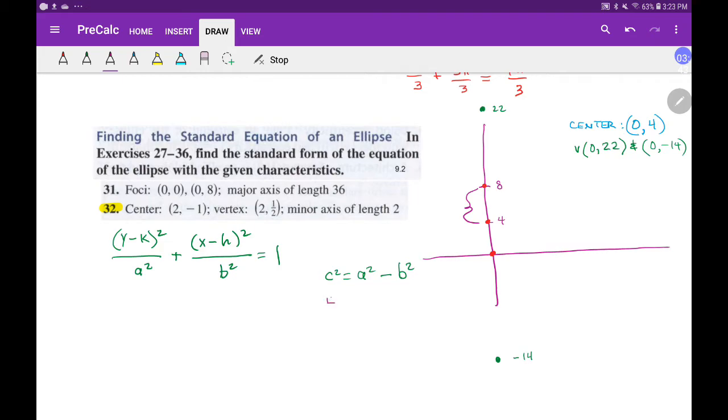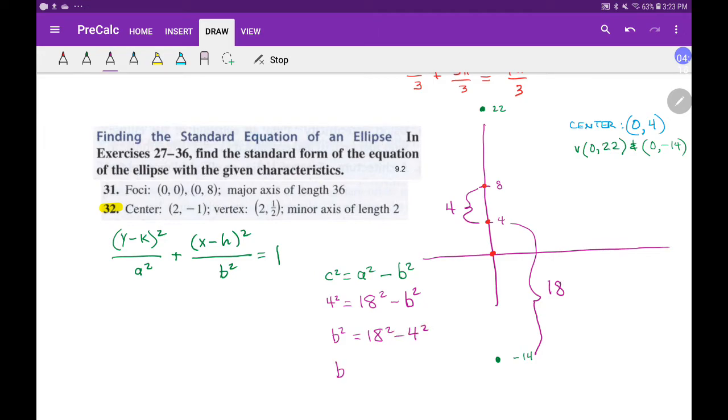So we have 4 squared is equal to a squared, which is 18 squared, because a is the distance from the center, and that's 18, minus b squared. So we'll end up with b squared is equal to 18 squared minus 4 squared.